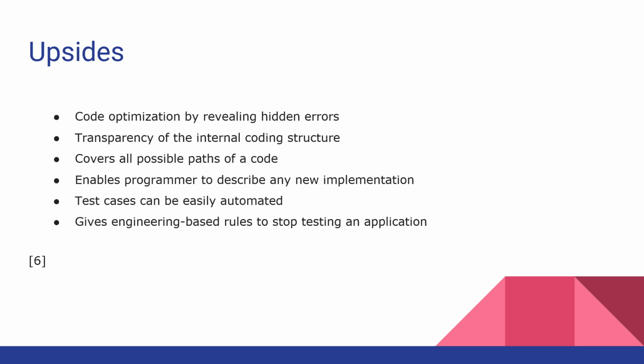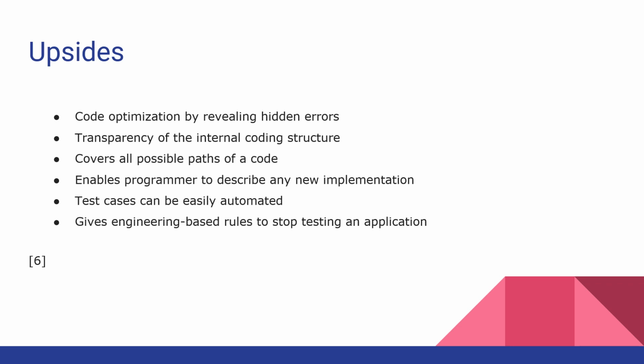The method we're talking about today is white box testing, and I am talking about the upsides and the downsides. The white box method optimizes the code by revealing hidden errors, and it promotes transparency of the internal coding structure, which is helpful in deriving the type of input needed to test an application effectively. White box covers all the paths of code, every line.